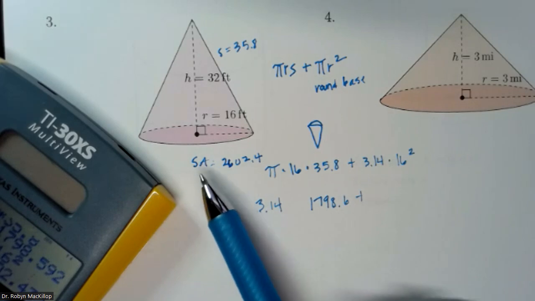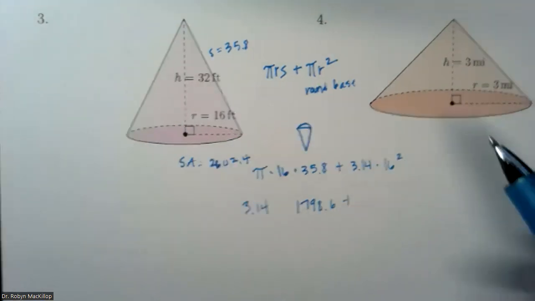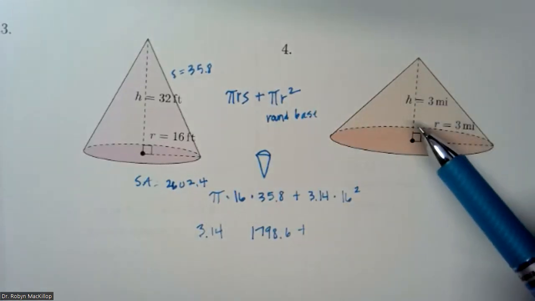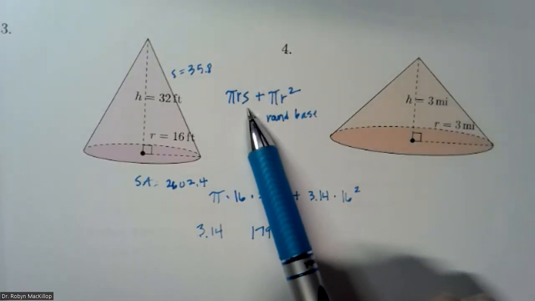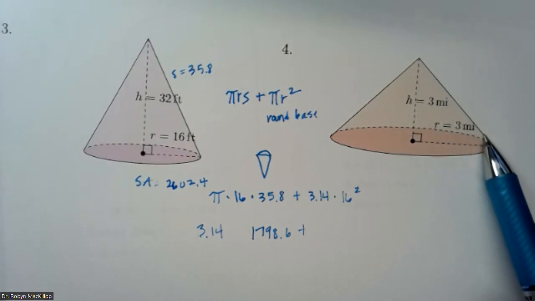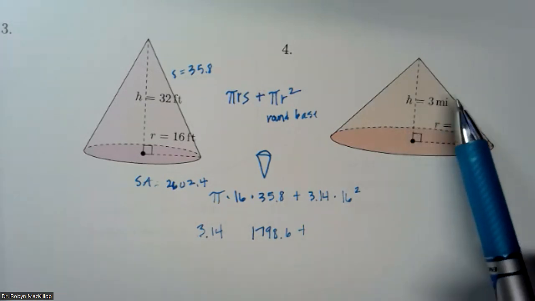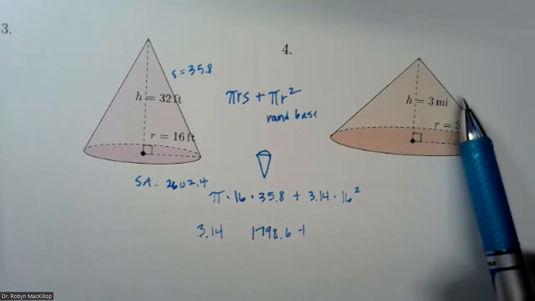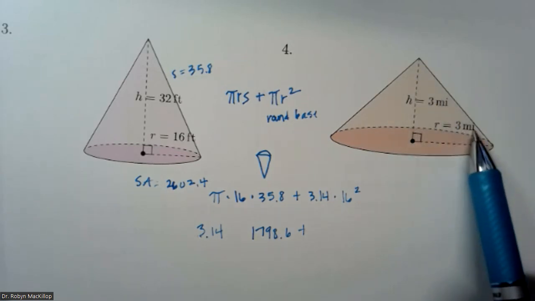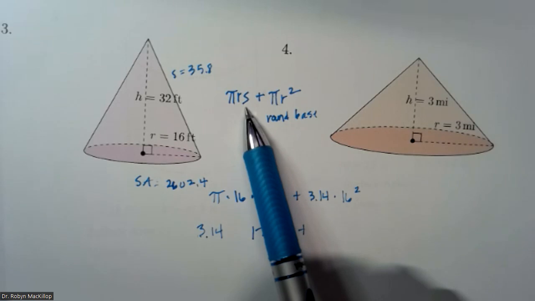So this is the thing with cones. If they give you the height, like right here, for the formula you need the side. You need this angled piece. And since they only give you a height, you have to use the Pythagorean theorem to find the third side of this particular triangle. That will give you this.